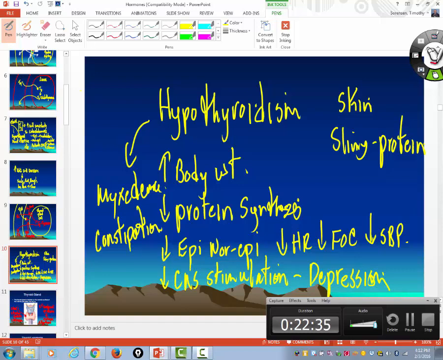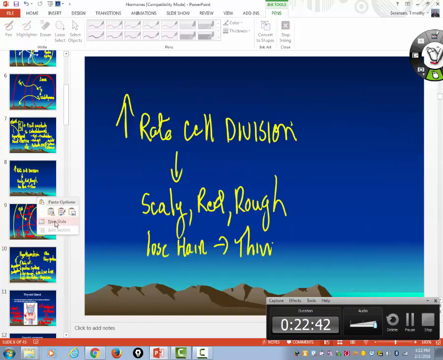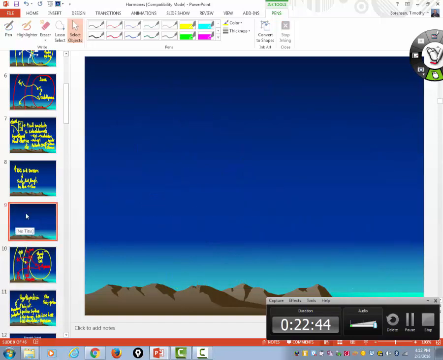So how do you screen for hypothyroidism? Well, first of all, you look at the patient. And the screening blood test is the thyroid stimulating hormone. Now again, thyroid stimulating hormone stimulates the thyroid gland to release thyroid hormone.